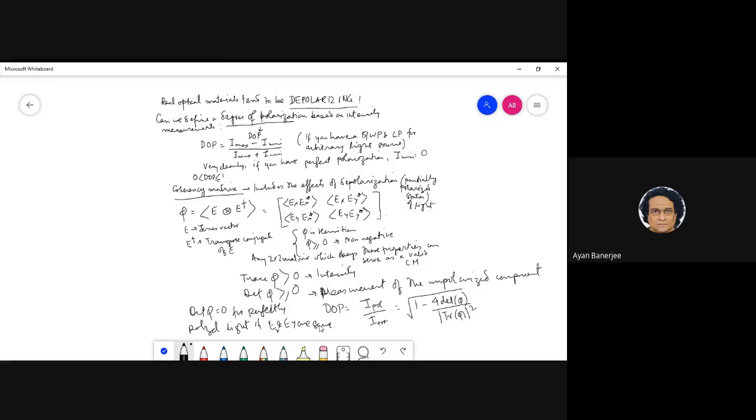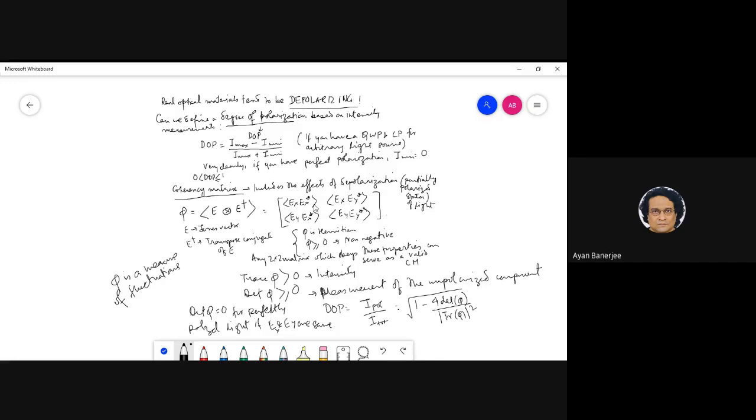So it will be zero only when this cross term vanishes, and that can only happen if, first of all, you have completely polarized light. Without completely polarized light, it will never be this, because then these are going to fluctuate. So phi is a measure of fluctuation. Even if the off-diagonal terms are zero, that won't ensure the determinant is zero.